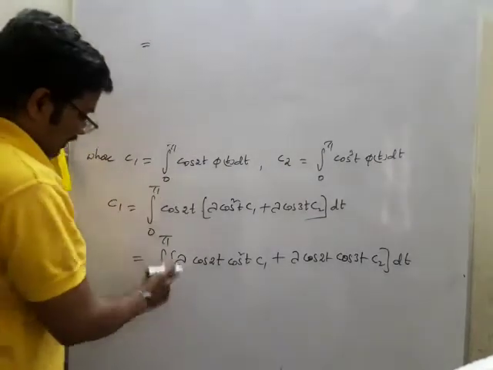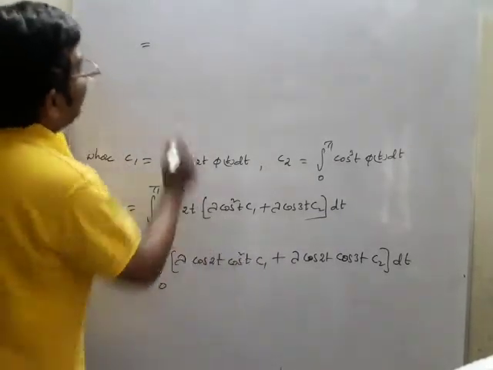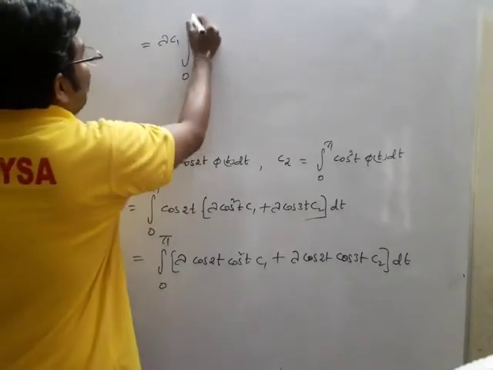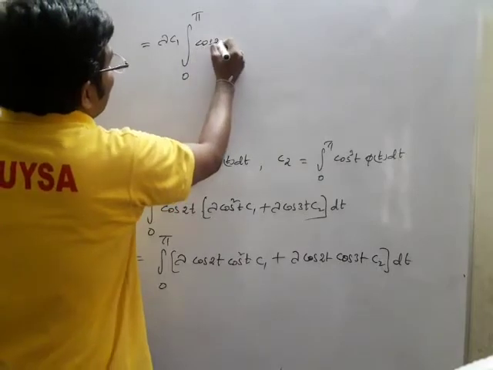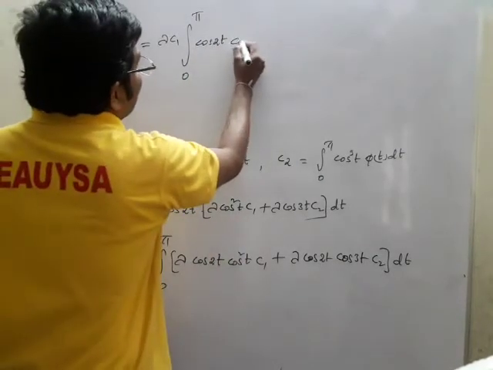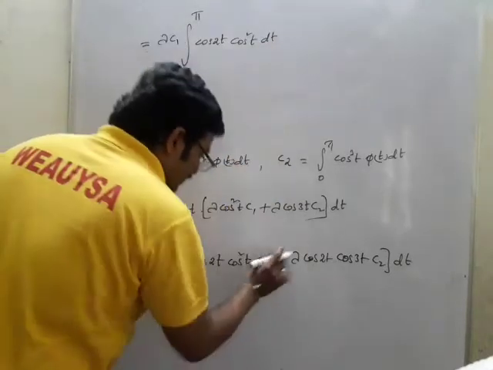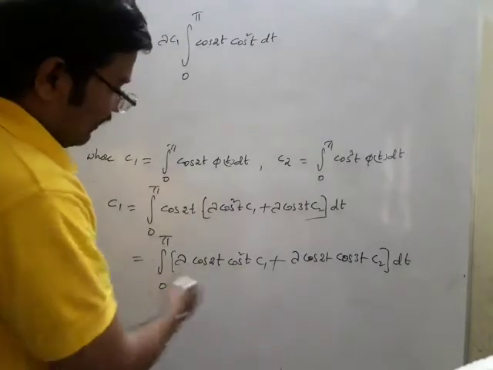So lambda C1 I'll write outside: lambda C1 integral 0 to pi cos 2t cos square t dt. Sorry, both have the same limits, so separately I have taken the integral.